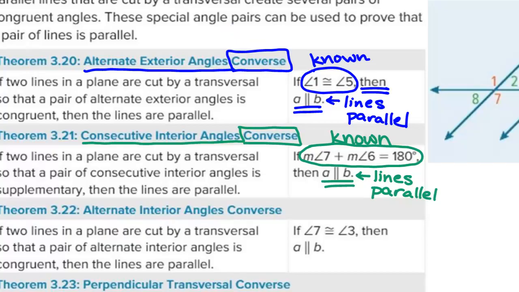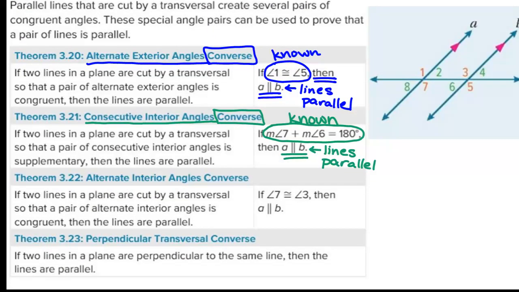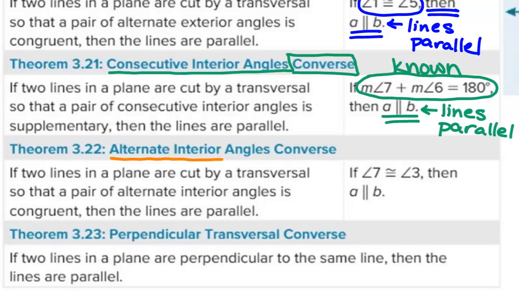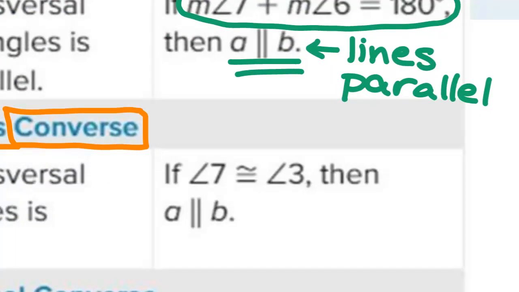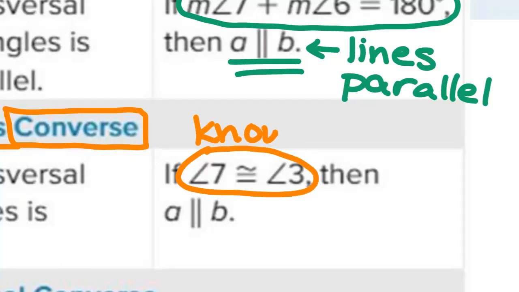Same type of thing for alternate interior angles. The alternate interior angles converse says that if I know alternate interior angles are congruent, then I can say the lines are parallel.